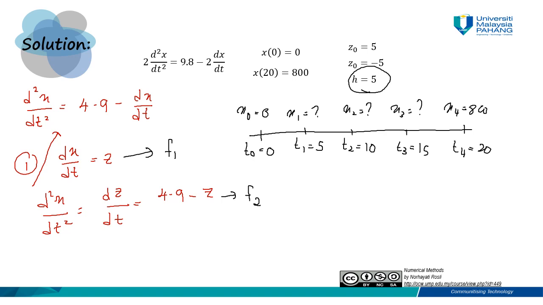Since we have two differential equations here, that means three variables: x, z, and t. So we need to solve by using a system of Euler.